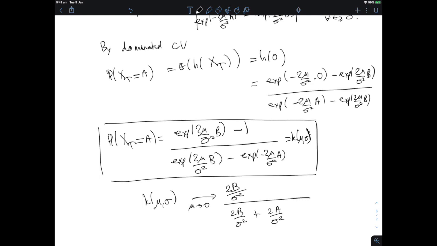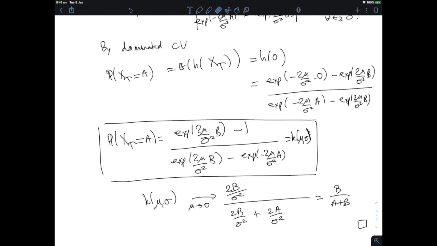And you simplify that, this is b divided by a plus b, which makes sense, right? Because if mu were 0, you would be just dealing with a multiple of the Brownian, and you would get that same exit probability as before.